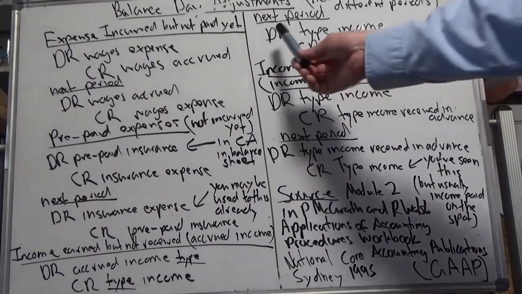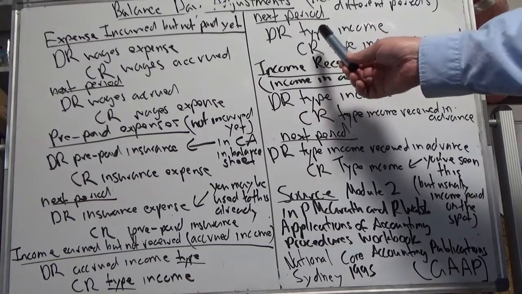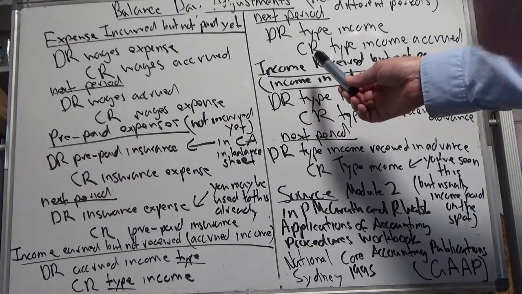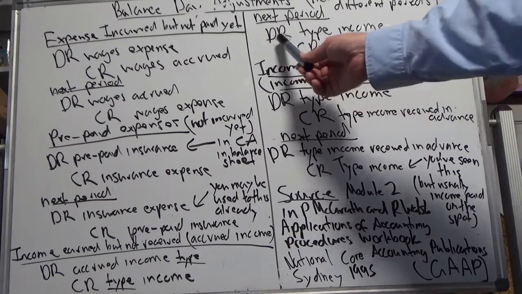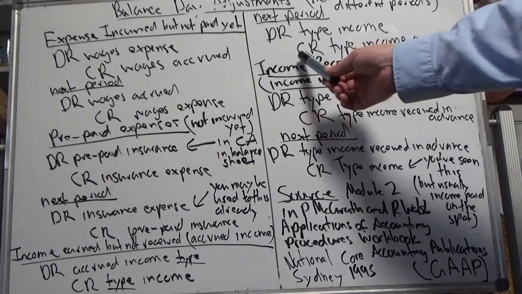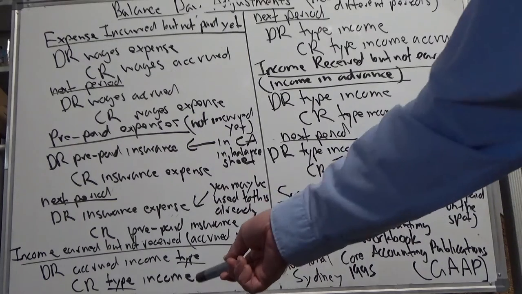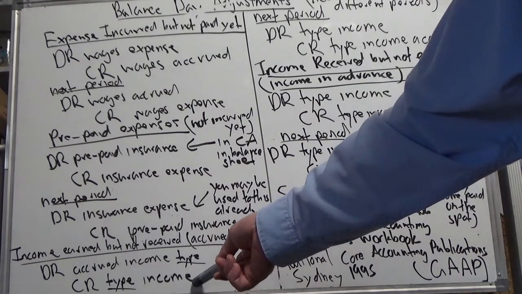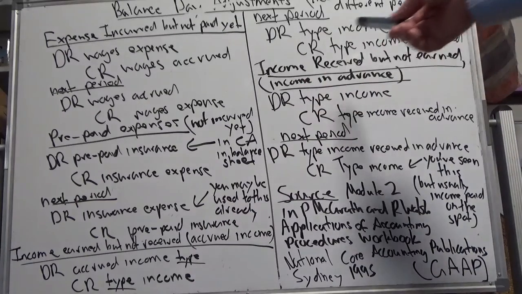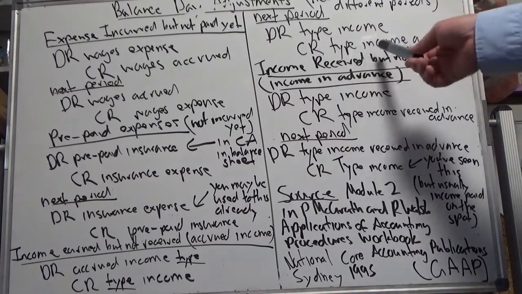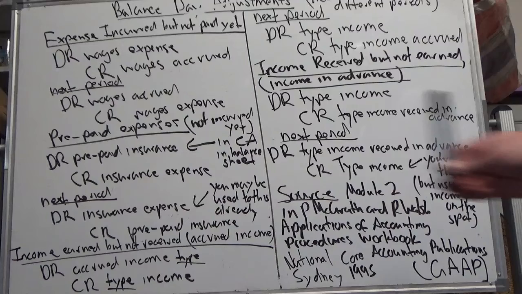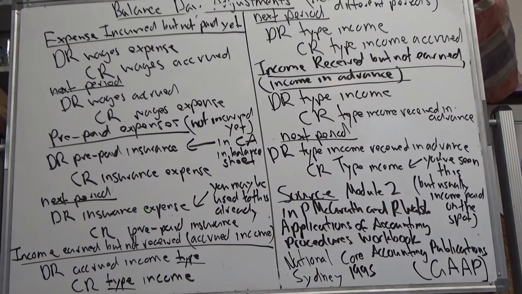But the next period, period 2, however you're mentioning it, month, quarterly, yearly, you debit the type of income and you credit the type of income accrued, okay? So in period 1 you might be used to income as a credit, but period 2 is a bit different because income isn't usually a debit, but we're working in 2 periods. Hence a possible confusion for the bookkeeping student at the start.